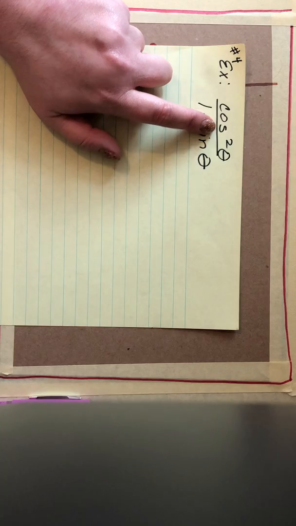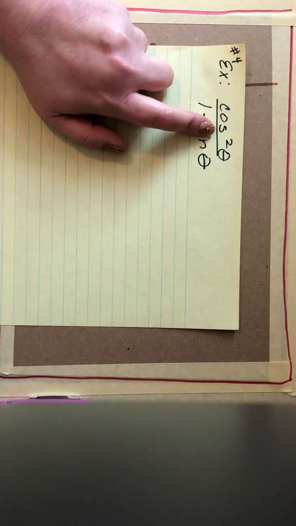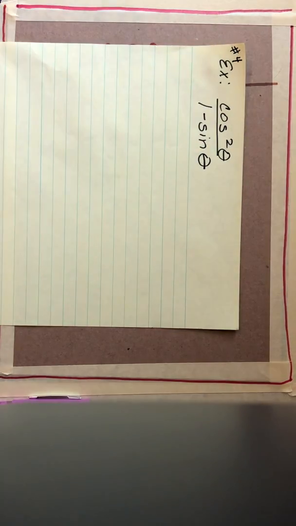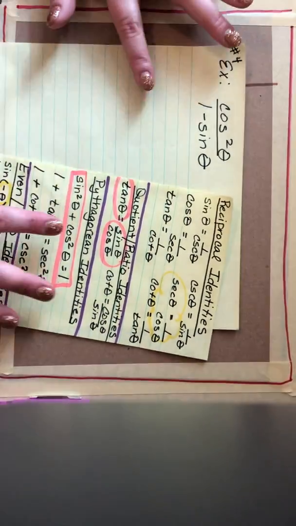Okay, let's see here. Everything's already in sines and cosines, so it seems like we can't do anything, but we can. Let's plug something in for this cosine squared. So let's look for something on this paper that I could plug in.